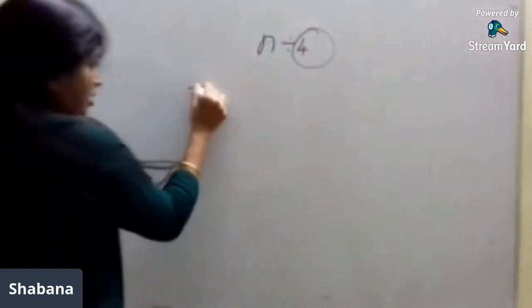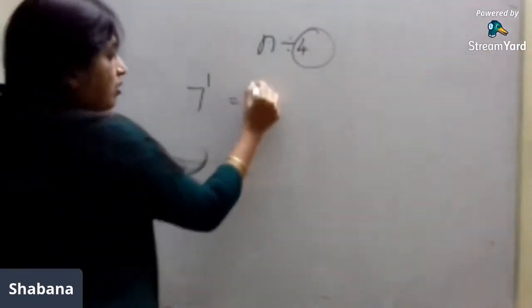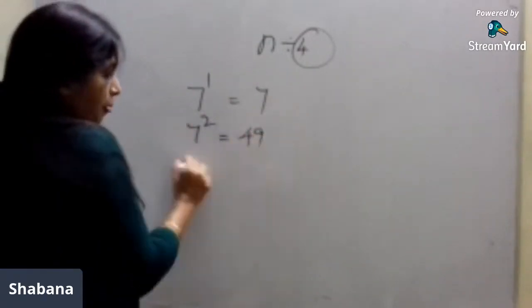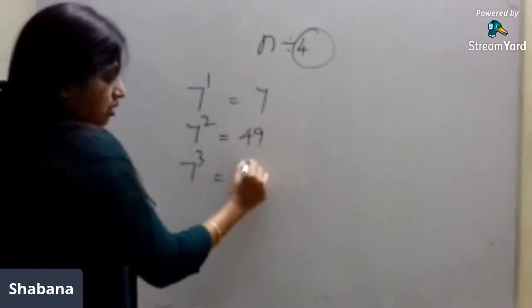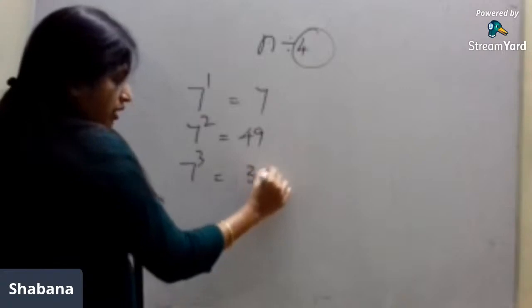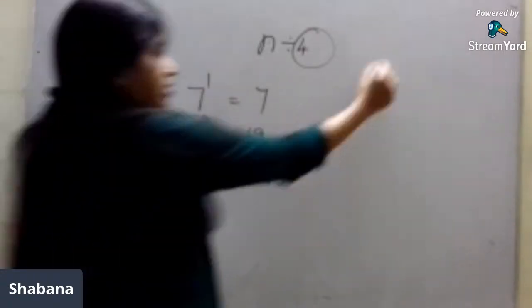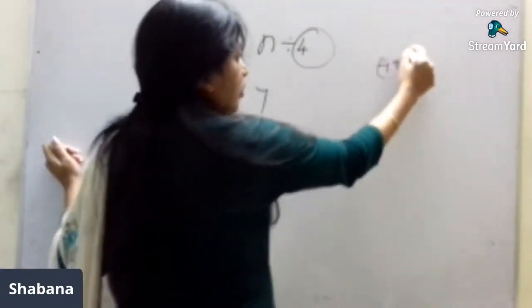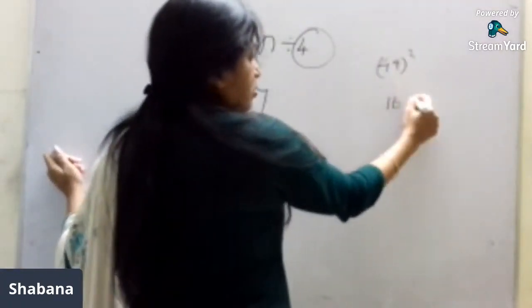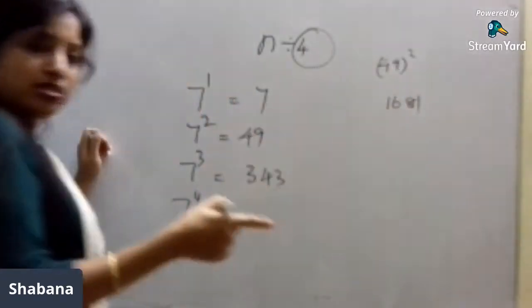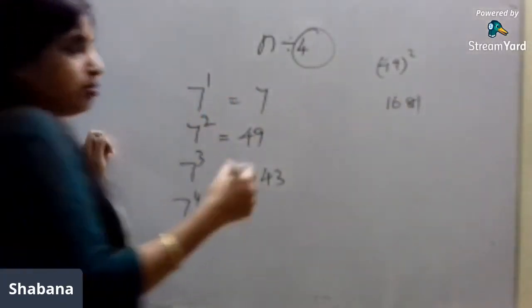Now let's take any number as such. Let me go with 7. So 7 power 1 is 7. 7 square is 49. 7 power 3 is 343, and 7 power 4. To find 7 power 4, I'm going to take 49 square. So 4 square is 16, 9 square is 81. 4 into 9 is 36, double it, it becomes 72.